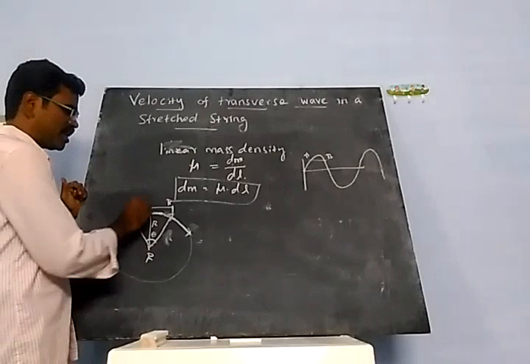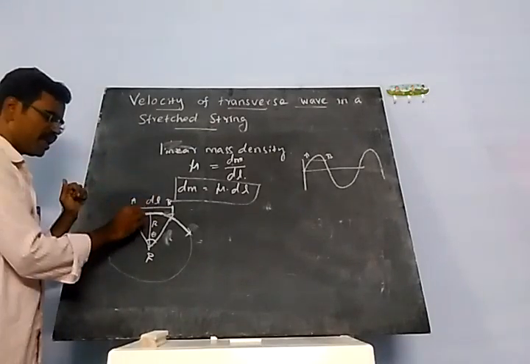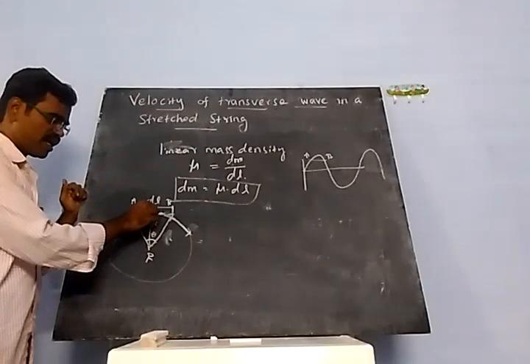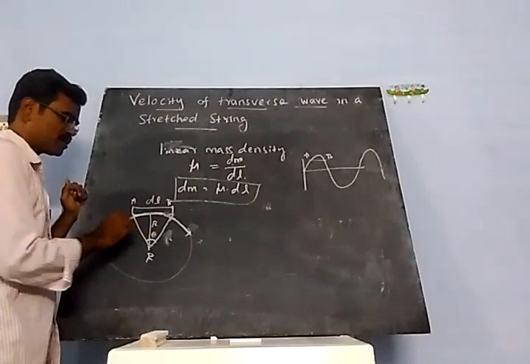Now I am going to calculate sin theta. The length of the segment is dl, and this opposite side is dl, and the hypotenuse is R.